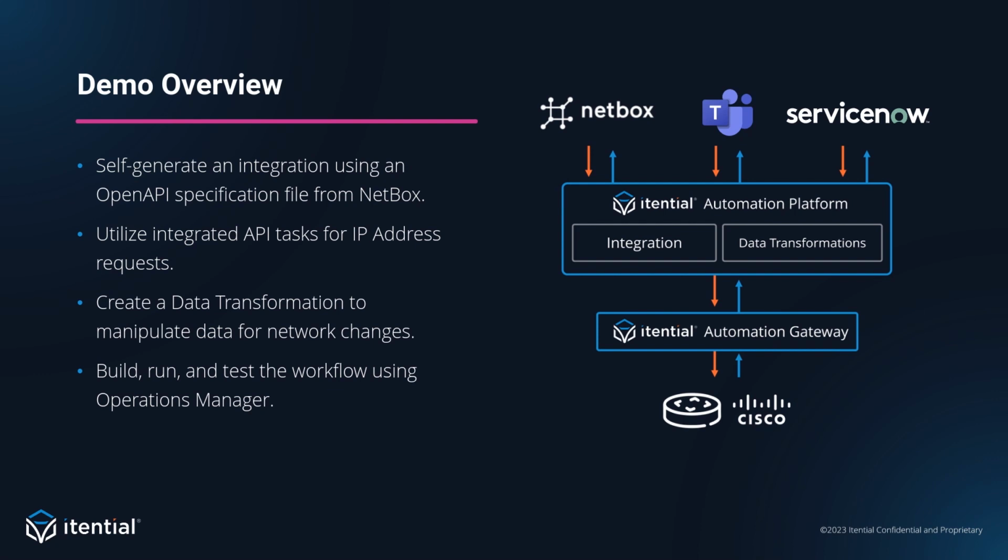In our previous session we did some of that, but we'll spend a little more time on it today. And then eventually, we'll iterate through this process to build, run, and test through an area of our application called Operations Manager. So with that, let me share my screen and we will continue on.